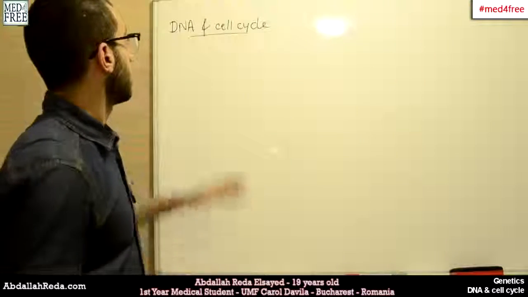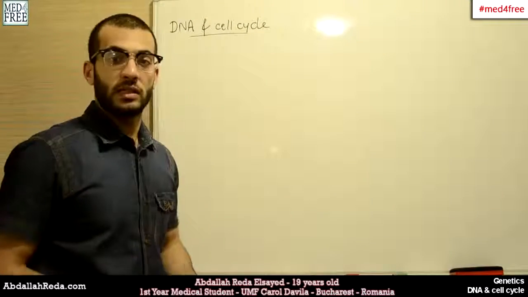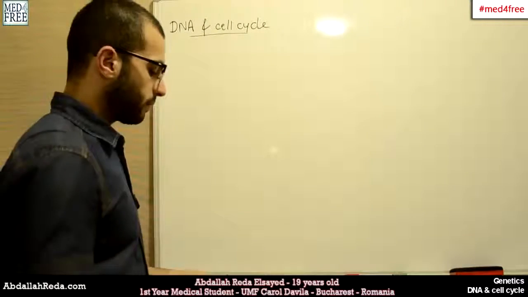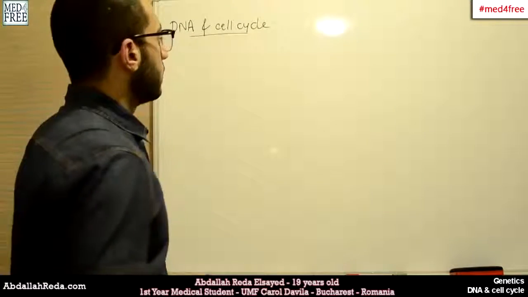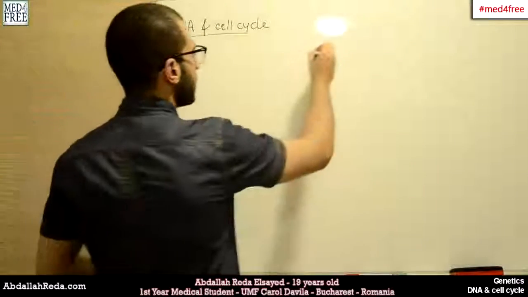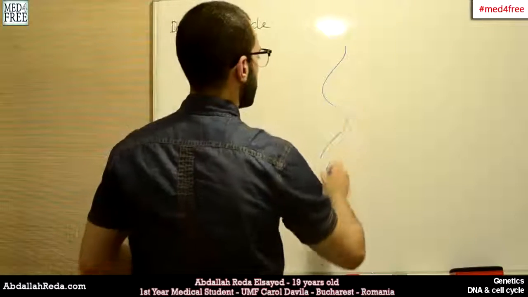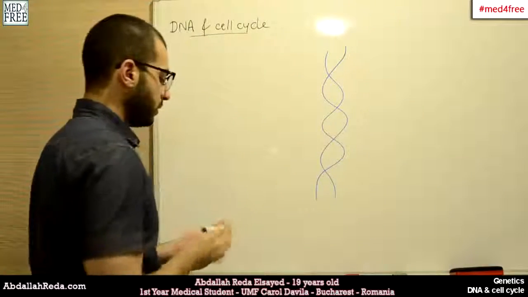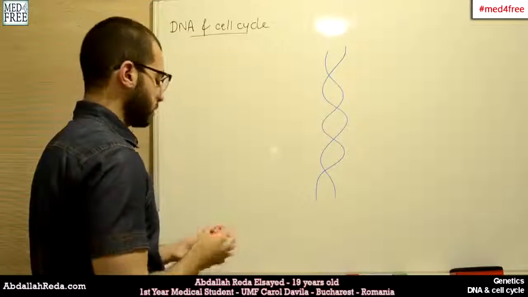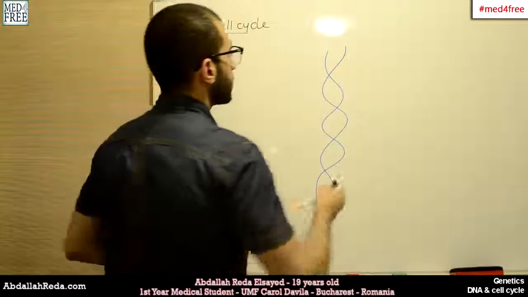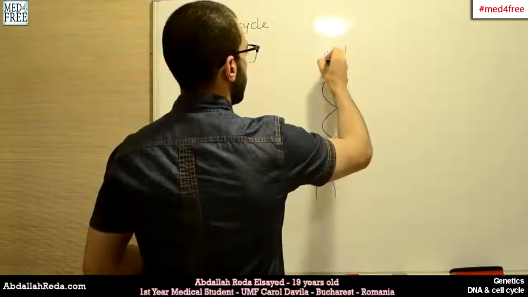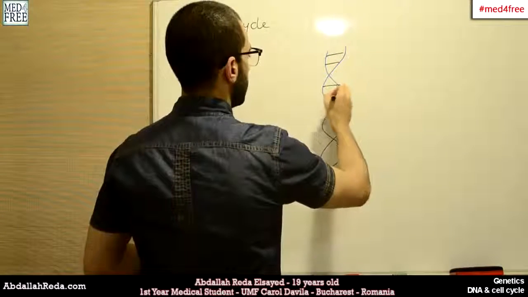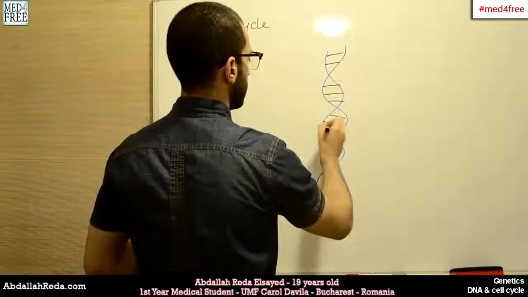This time we're going to talk about the DNA and the cell cycle. So first of all, what's the DNA? The DNA is a double-stranded structure which contains base pairs of nucleotides like this.